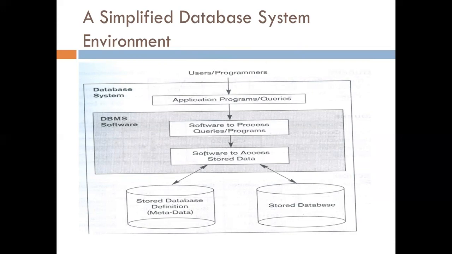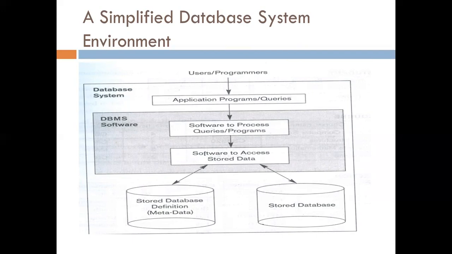That will be sent to the database system, which will process it and forward it to the DBMS software. The software will further process the particular query. Based on that, it will search the hard disk where that particular information is present, get all the students, and within that extract the names of all of them.